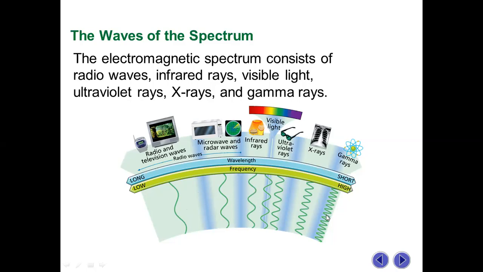The shortest wavelength is for gamma rays, while the highest frequency means the number of waves. Here we have only one wave, two waves, three waves, and by moving to the right, the number of waves, or the frequency, becomes higher. So gamma rays have the highest frequency and the shortest wavelength, while radio waves have the longest wavelength but the lowest frequency.